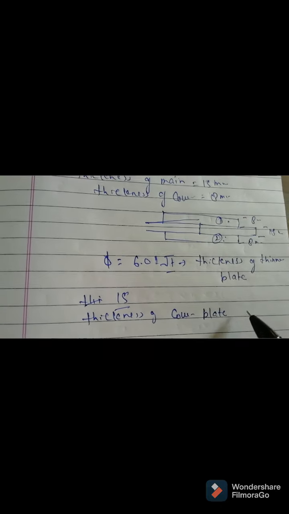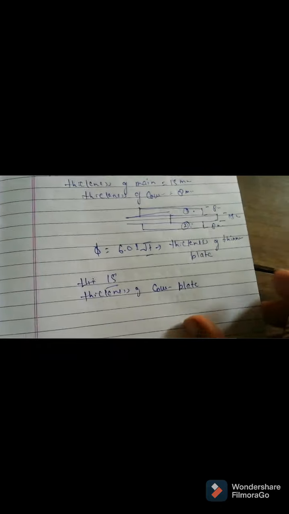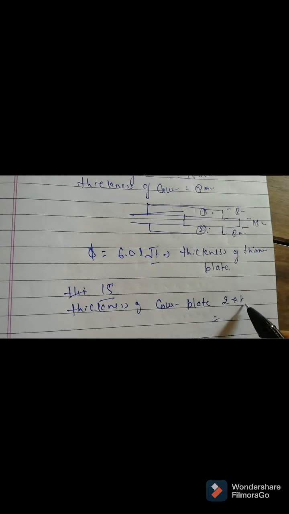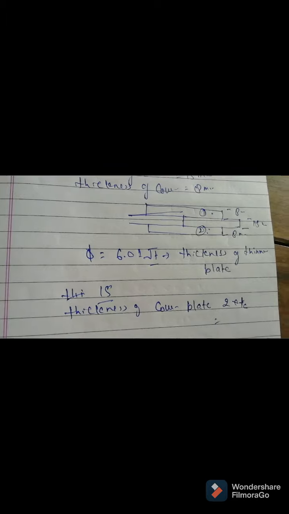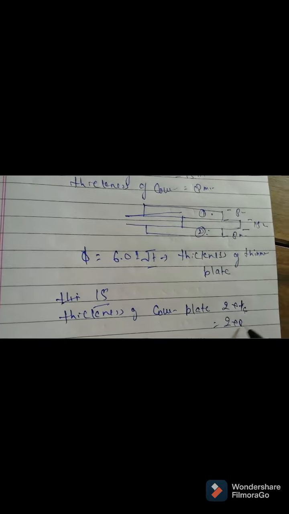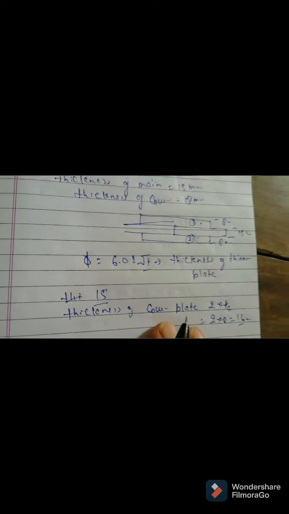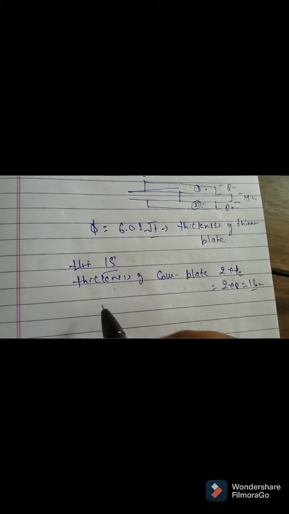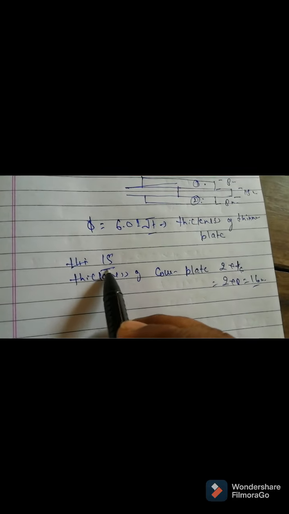So add both thicknesses, that is 2 times Tc, T for thickness, C for cover. So 2 into 8, that is 16 mm. Whichever is thinner, that is 15 mm, so you have to take 15 mm.